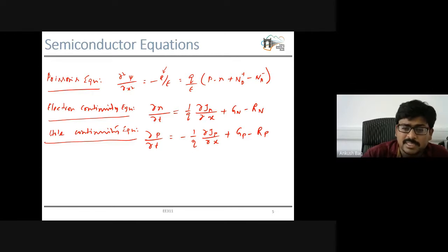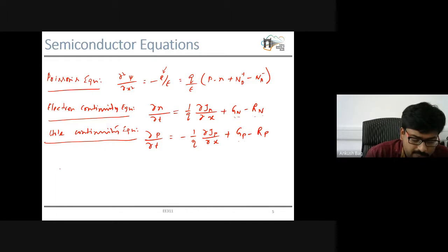So this is a space-time correlation, and G is the generation of electrons and R is the recombination of electrons. Similarly, this is the generation of holes, recombination of holes, the hole current density variation with space, and the hole concentration variation with time. So these are the two continuity equations.